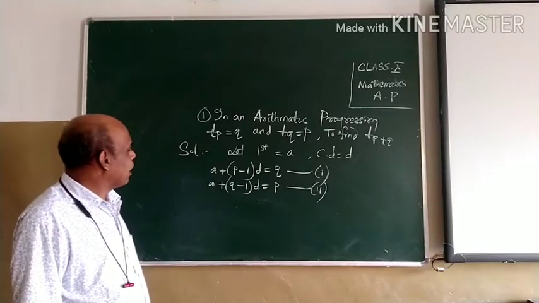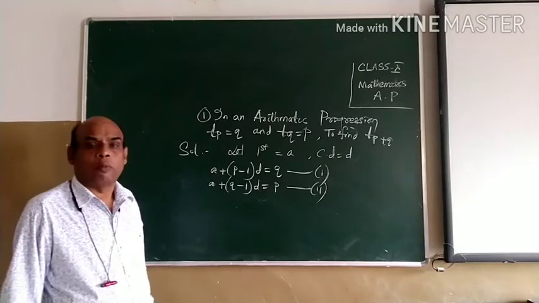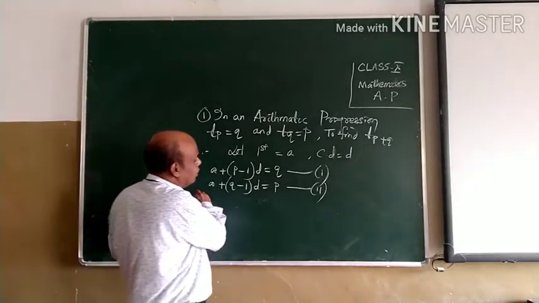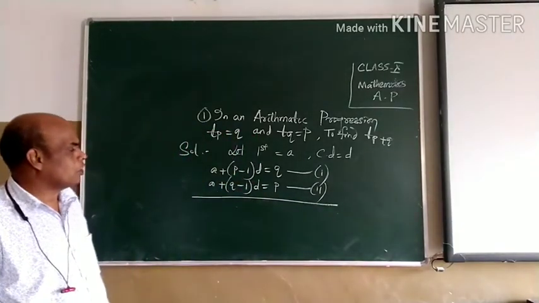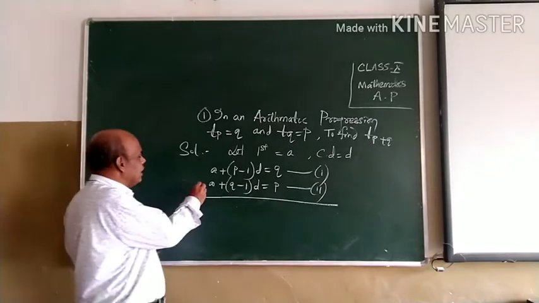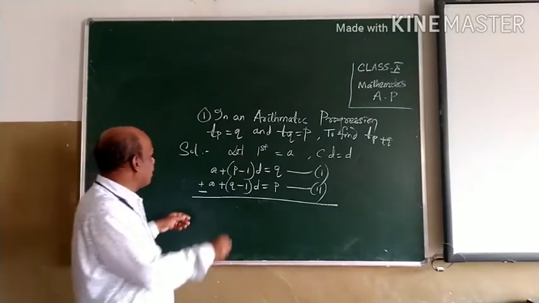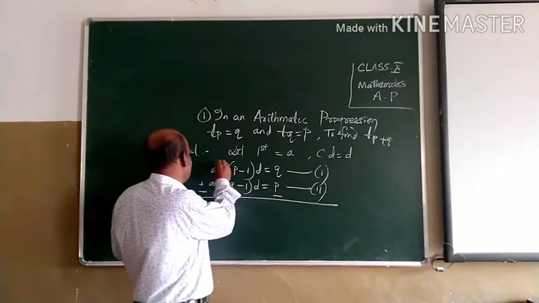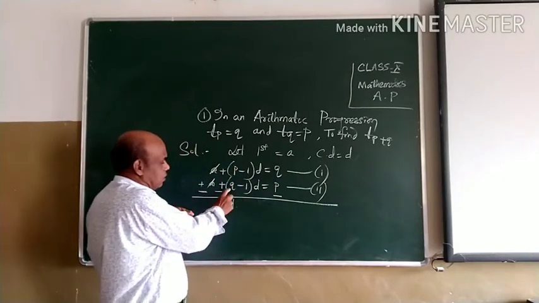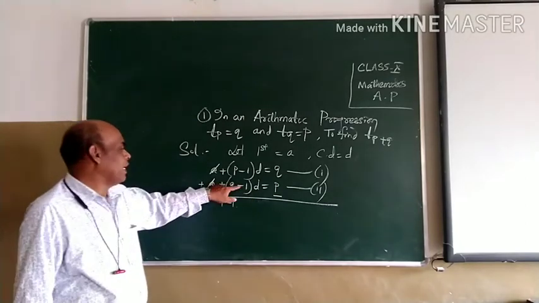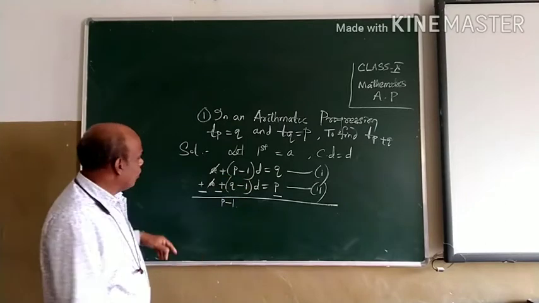So how can we find out the value of the first term as well as the common difference? If we subtract equation number 2 from equation number 1, what do you get? a is cancelled, and we get (P minus 1) into D minus (Q minus 1) into D. So what will you write?